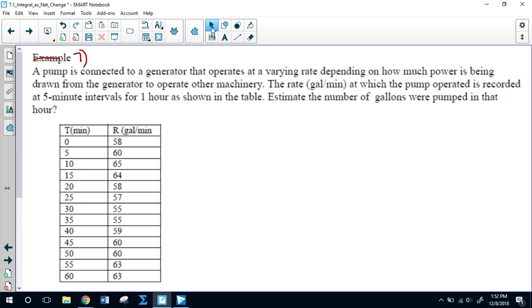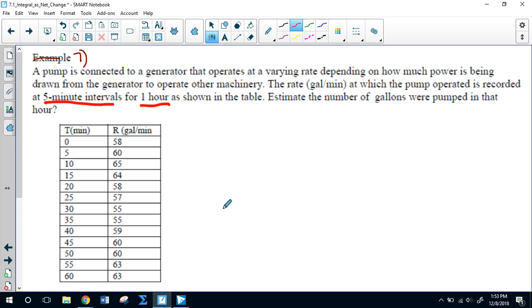The rate in gallons per minute at which the pump operated is recorded at 5-minute intervals. So that's probably important to know. At 5-minute intervals for 1 hour as shown in the table. Estimate the number of gallons that were pumped in that hour.